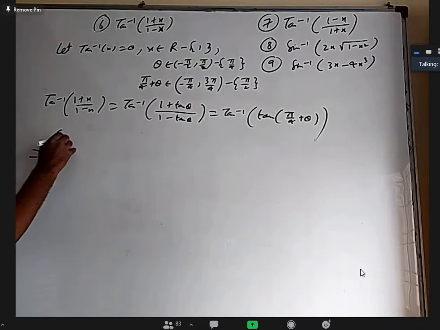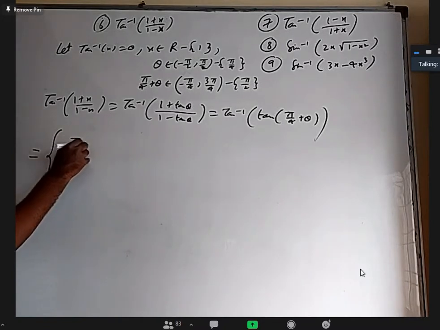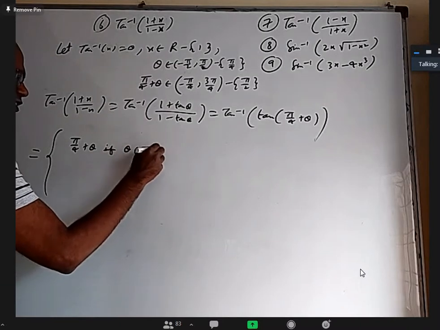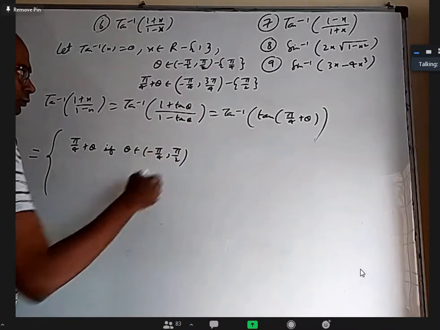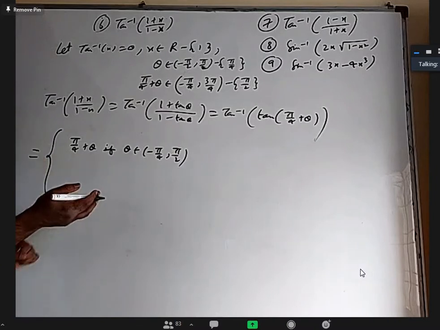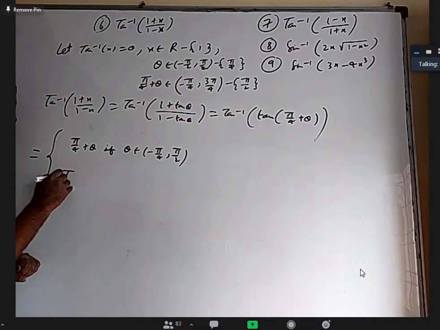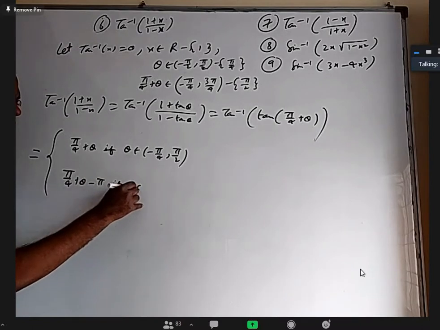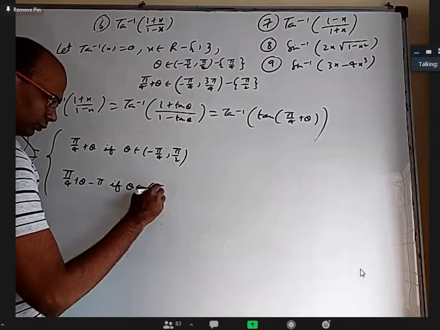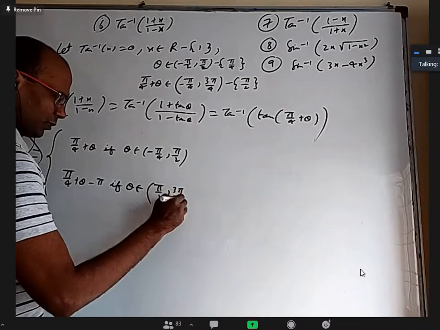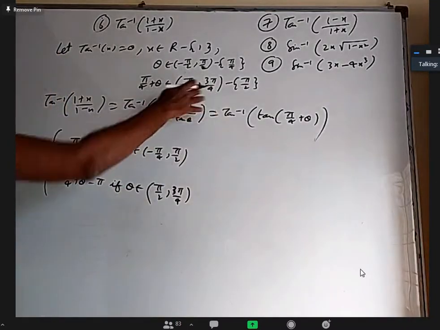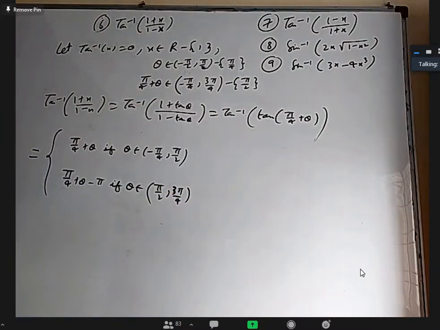So this will be pi by 4 plus theta if theta belongs to minus pi by 4 to pi by 2. And after pi by 2 the formula is this minus pi. So pi by 4 plus theta minus pi if theta belongs to pi by 2 to 3 pi by 4. Actually pi by 2 to 3 pi by 2, but within our values it is only pi by 2 to 3 pi by 4.